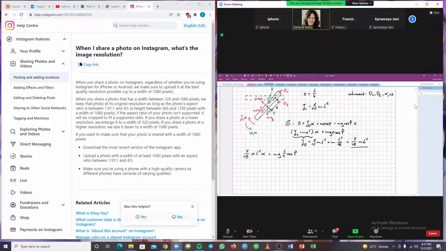And the mass cancels, and one L cancels, and we have alpha, angular acceleration as a time-dependent variable, with 12 over 7 g over L cosine phi.